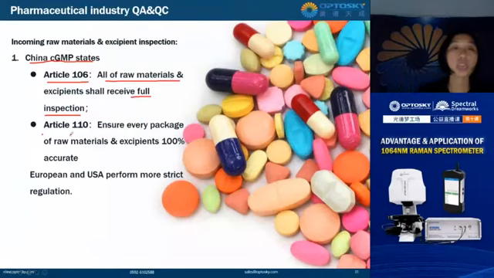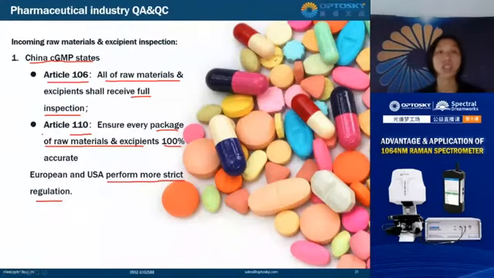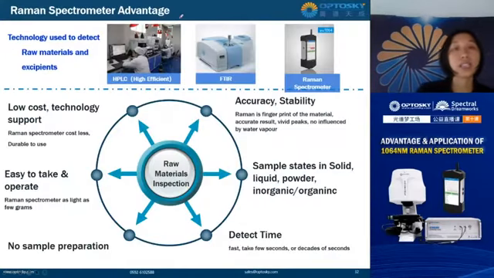And in article 110, every package of raw material should be ensured 100% authentic. And the European and US pharmacopoeias also apply stricter regulation for pharmaceutical drug and QA/QC inspection.